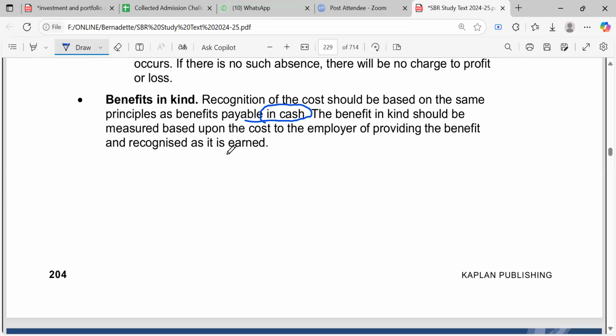You provide someone with a lower loan rate. It's not like you are doing that for nothing. You know that, okay, this person is doing a good thing for me. Instead of providing them with a certain amount of money, sometimes people appreciate it more if you provide them with something else, right? So that's why a transaction has actually taken place and it has been earned by the employee, for example, and so it should be recognized, right?